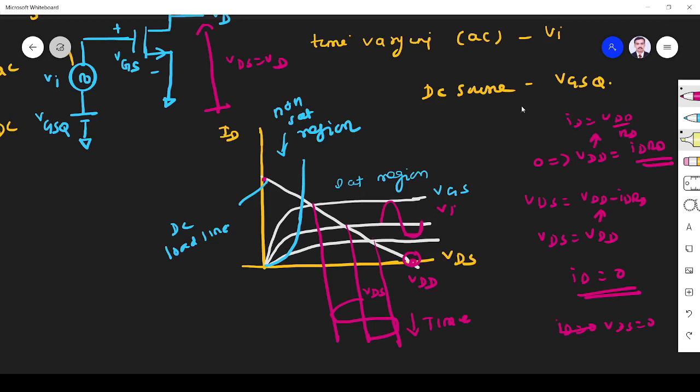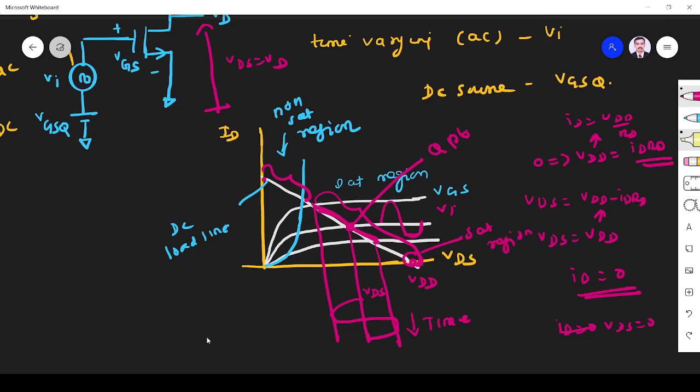When the transistor is to be used in an amplifier, it should be biased in this region, so your Q point should lie here. This is the thing you have to remember. From here to here is the non-saturation region, and from here to here is the saturation region.